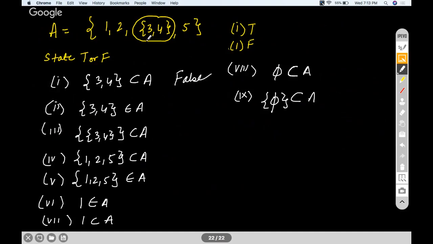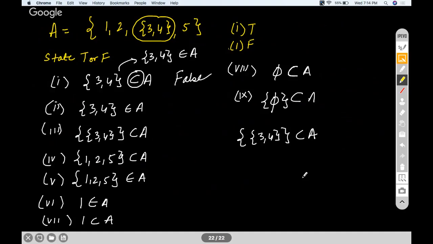It's an element of set A, so it should ideally be written as belongs to A. Why am I getting a mixed response? I just did an exercise, right? It's false. This is an element of the set. You can't write it as a subset. It is not a set itself. It should be like this to be called a subset of A. This would be a subset of A. Okay, wait, Vidyut. First, let me clarify the first one. Why people are making mistakes with the first one.